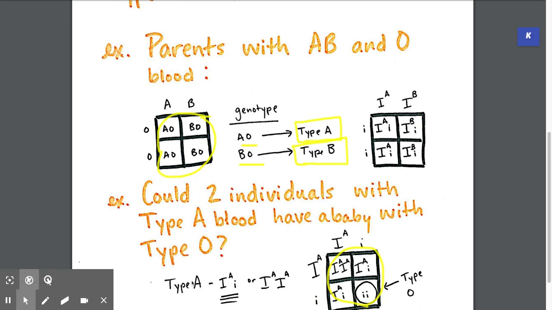So the offspring have a 25% chance of having type O blood, even though the parents both had type A. Because again, both of these parents have the O allele, we just don't see it, but it's there. So the babies could hypothetically have type O blood. So yes, this is possible.